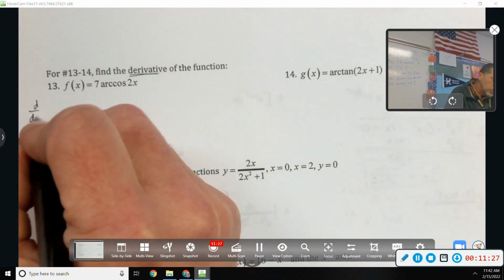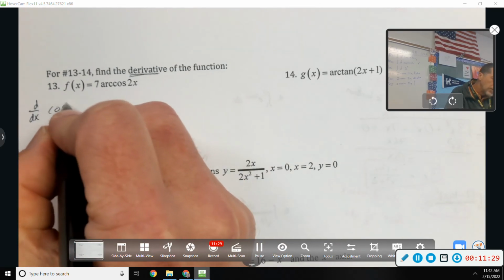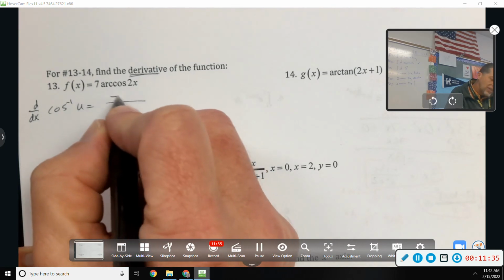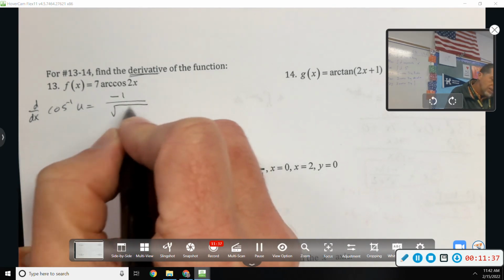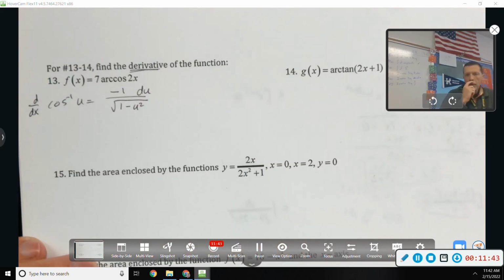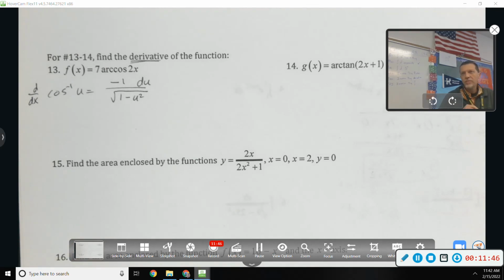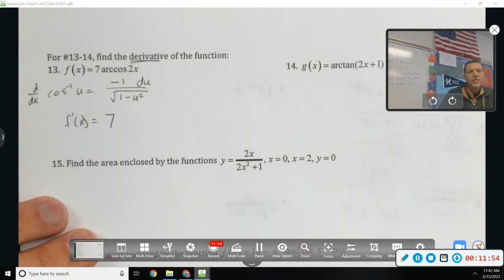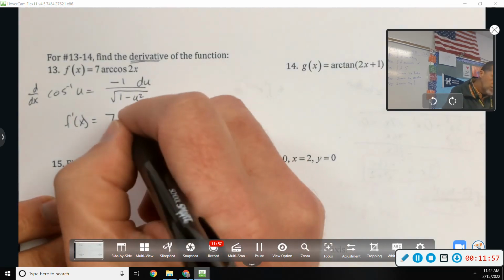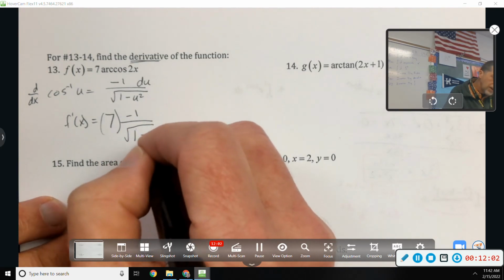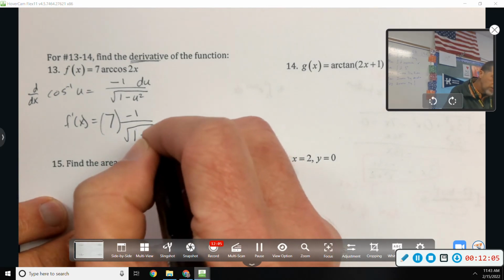Let's see, I'm going to write the rule here before I get into the details. Derivative of inverse cosine is negative 1 over the square root of 1 minus u squared times du. Okay, that's the general rule. Now for this one, there's a 7 out front, so that's just kind of going along for the ride here. So negative 1 over the square root of 1 minus 2x squared.